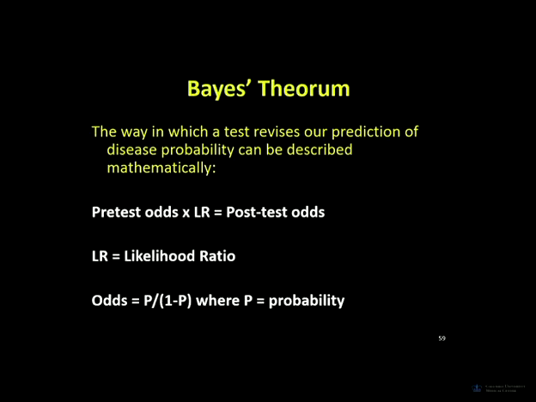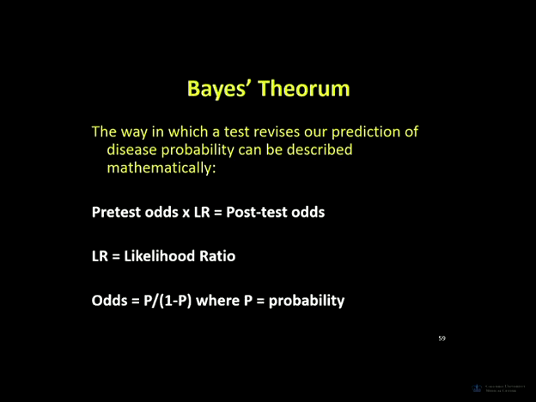Okay, so I'm going to shift. I'm going to show you the same thing we just looked at, but we like to present this in the framework of Bayes' theorem. I think the reason is that it shows you the concept behind what we're talking about when we talk about pre-test and post-test probability.